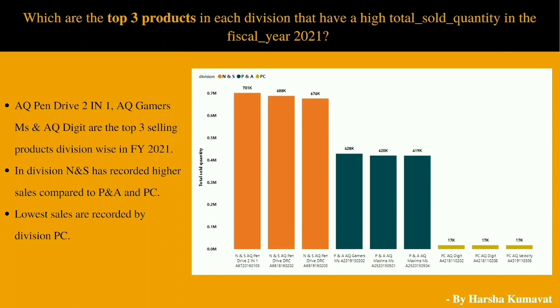AQ Pen Drive 2-in-1, AQ Gamer, and AQ Digit are the top selling products division-wise in financial year 2021. When we look division-wise, the division N&S has recorded higher sales compared to the other divisions, and the lowest sales were recorded by the division PC.